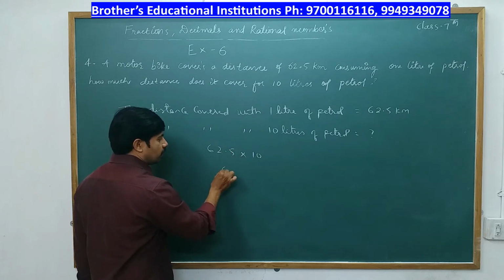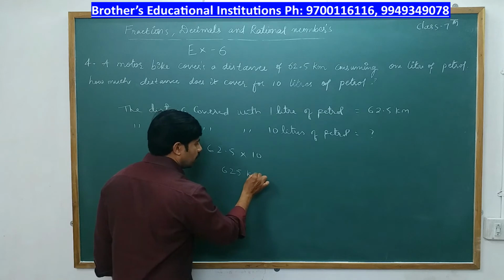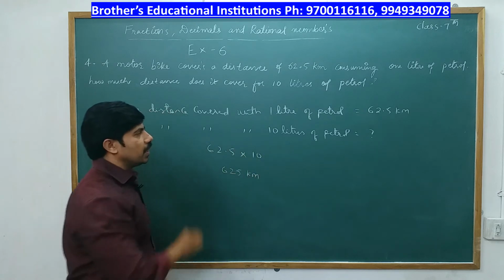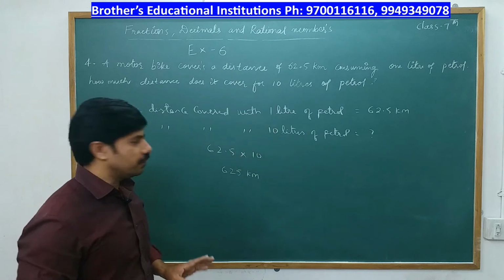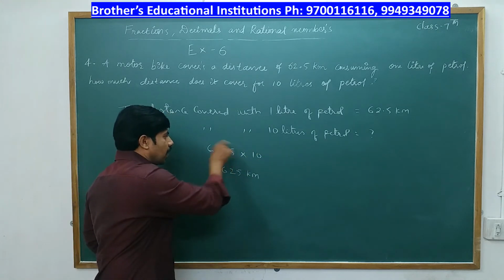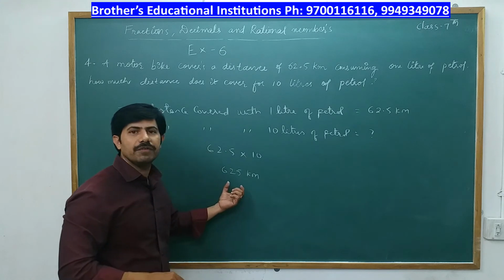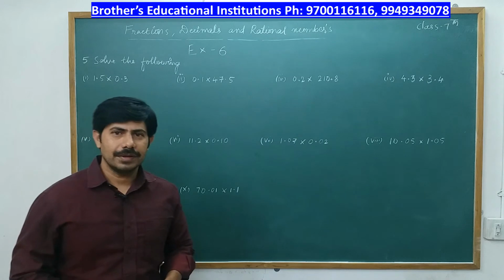Shift this decimal after one digit. So we get 625 kilometers. See, for 1 liter it is 62.5. So for 10 liters, 10 into 62.5 we need to do. So 62.5 into 10. Shift this decimal after one digit, we get 625 kilometers. Complete. Next problem.